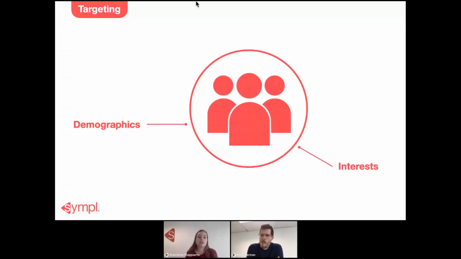The second option is interests. For people already doing recruitment campaigns on Facebook and Instagram, you know you can target interests there. It's the same on TikTok, but it is not yet as advanced as Facebook and Instagram. The third one is data.